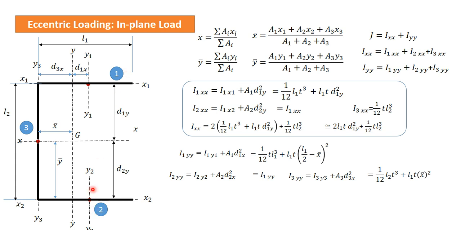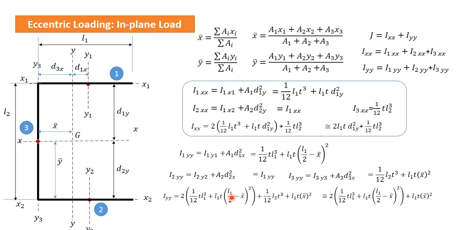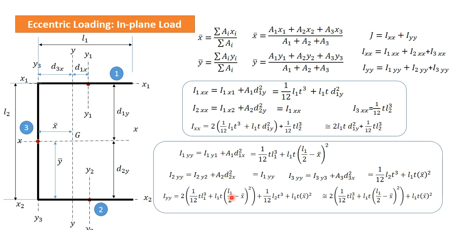This and this both will be same, and in this case for section number 3 its own y axis is this, so we have to shift it using parallel axis theorem. So in this case all three sections will be shifted for getting the final value, and then we can neglect the t cube terms to get the final value of Iyy. So this is how we can find out Iyy and Ixx. That will give you the value of J.